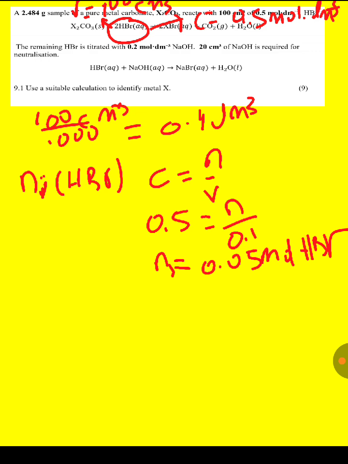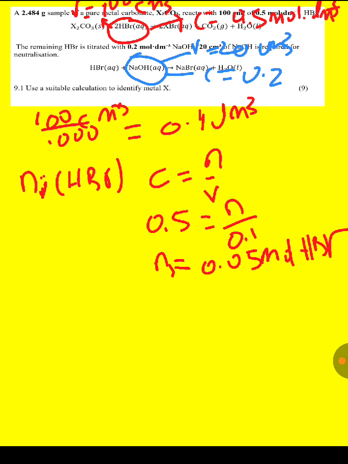Now I come to reaction 2. When I look at reaction 2, I am given the number of moles of the substance here. For this substance, I'm given a volume of 20 centimeters and a concentration of 0.2.